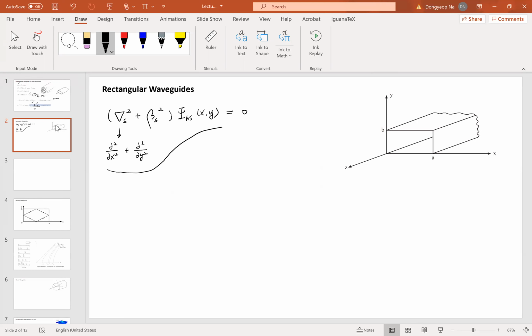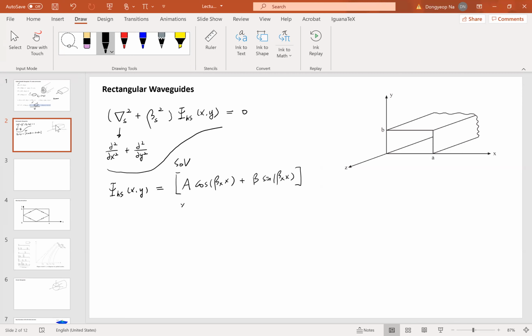From the advanced engineering mathematics course, we know how to solve these partial differential equations in Cartesian coordinates. In this case, the general solution of this scalar field, using separation of variables, is, for example, just a linear combination of cosine and sine functions of beta x.